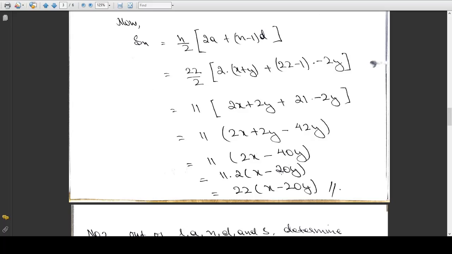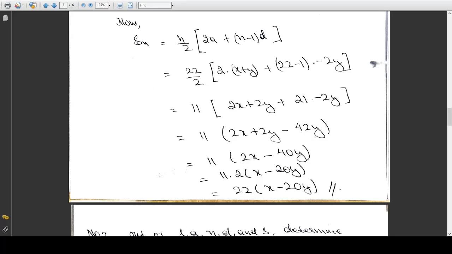Then 2 multiplied by how much? 20 gets 40. Or you can do 2 divided by 2 is 1, 40 divided by 2 is 20. Now 11 and 2, again you have 22, x minus 20y within the bracket, and that should be the sum of the given progression up to the 22nd term.